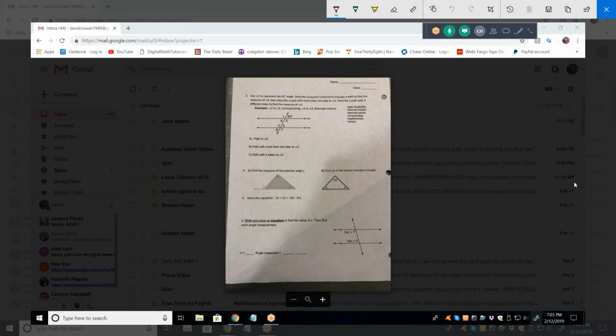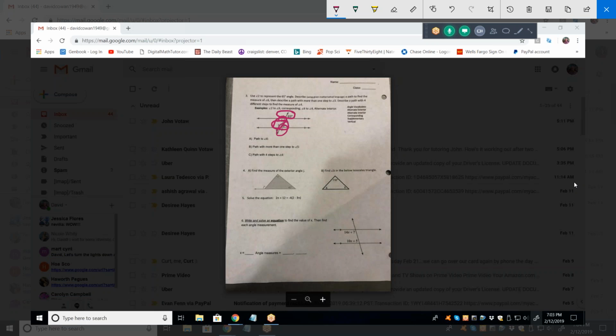Corresponding? No, they're supplementary. Always supplementary. In other words, up here, those are adjacent. They're supplementary. Those are adjacent. They're supplementary. Those are adjacent. They're supplementary. And even the two in the middle, like in this case, those are supplementary.